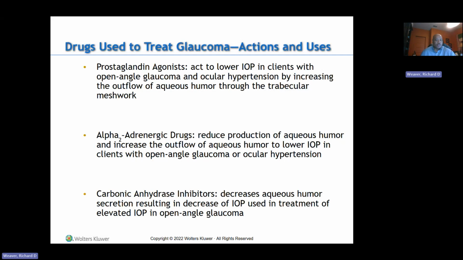These drugs are used in the treatment of elevated intraocular pressure seen in open angle glaucoma. Now, except for the drugs dorzolamide and brinzolamide, carbonic anhydrase inhibitors are administered systemically. All right.